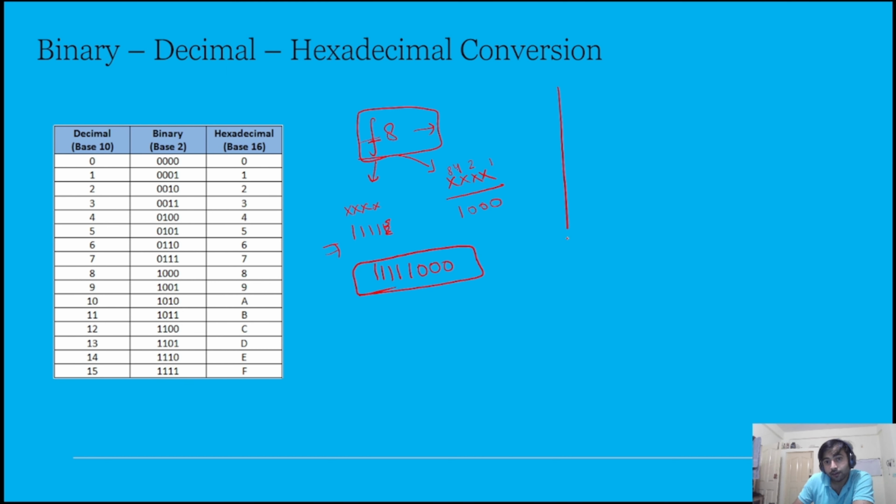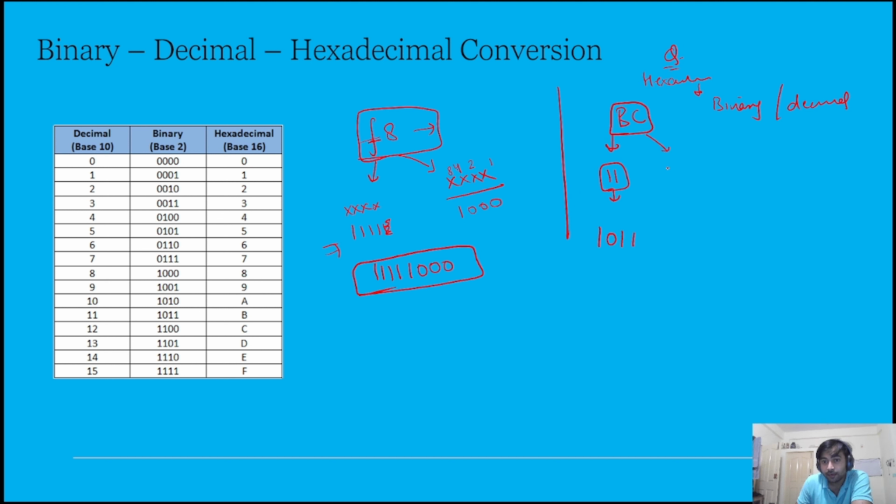If it is like BC, how to convert this hexadecimal into binary and decimal? This is the question. So B is for 11, right, in decimal. And how would you decode this decimal in binary? 11 can be written as 8 plus 2 plus 1: 1, 0, 1, 1.